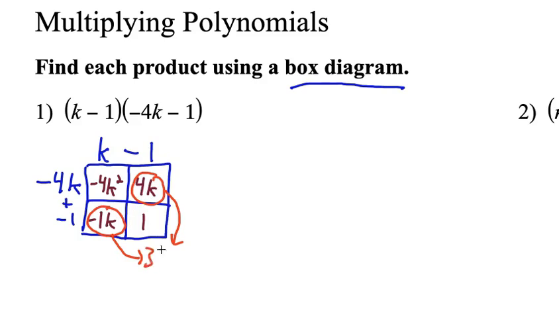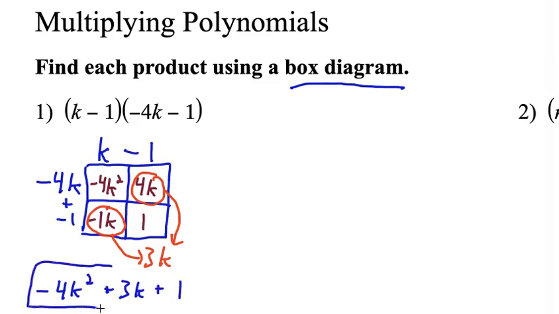So we get 3k, because negative 1k plus 4k equals 3k. All right, we're all set to write our answer now. So I look at what I have inside the box diagram. I have my k squareds, and I have my k's, and I have my constant term. So the product is negative 4k squared plus 3k plus 1.